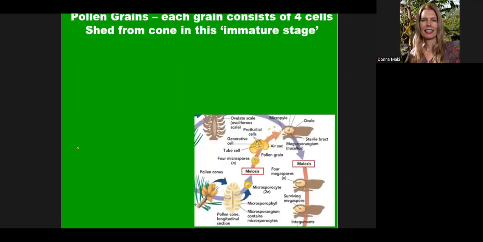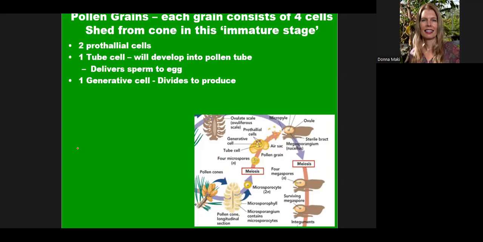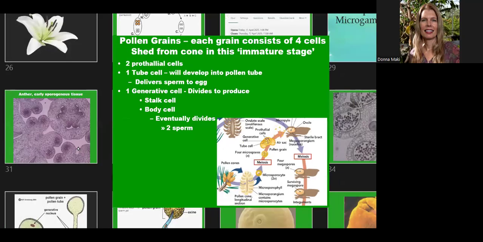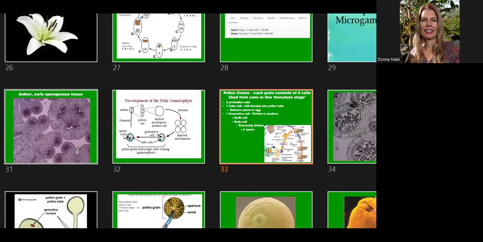Okay, so I put this back to the gymnosperms. So it's different. We had 4 cells back then, the gymnosperms, and it's a little bit more complicated. So the angiosperm simplified this and just said, let's do 2 cells and get it going that way.